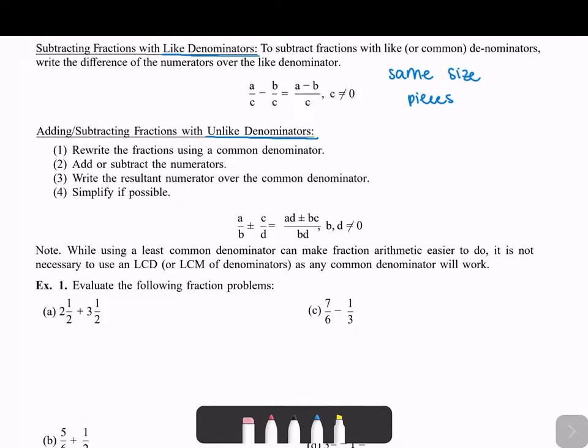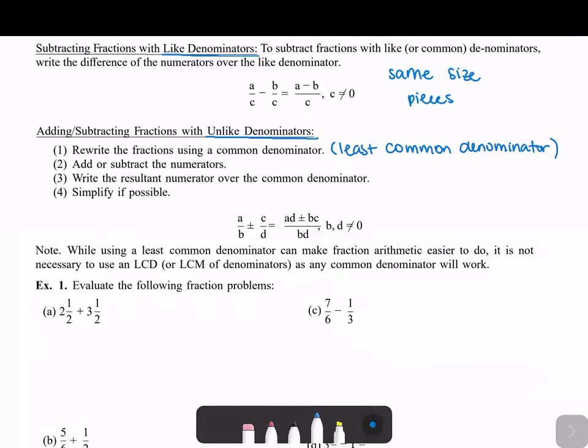Sometimes the common denominator that we'll use will be what's called the least common denominator, which is just the least common multiple of the denominators. We can talk about that in more detail later on. So we rewrite the fractions using a common denominator, perform the operation on the numerators, and then write it out and simplify it if we need to.